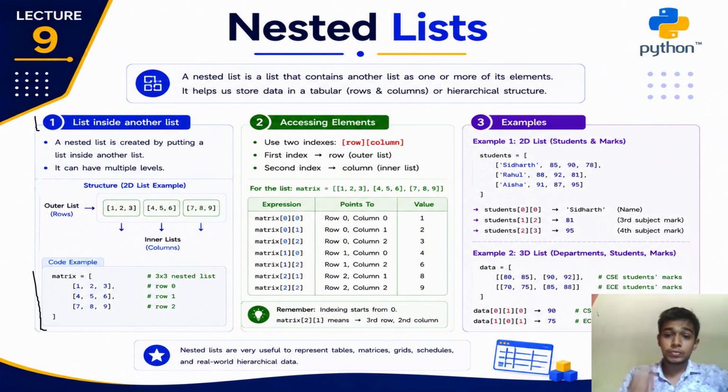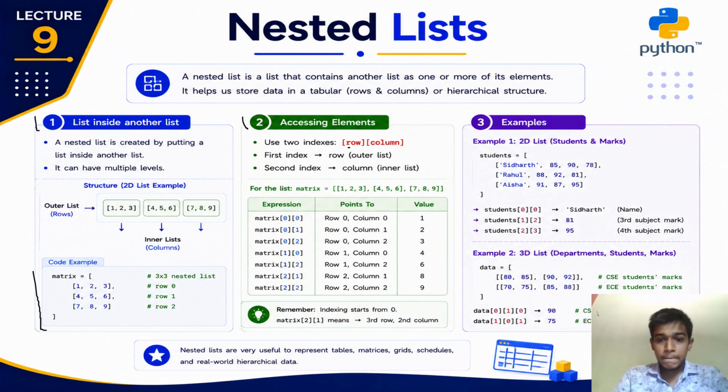Now let's learn how to access values from a nested list. Like a normal list, we use two indexes. The syntax is matrix, row and column. The first index selects the row, the second index selects the column inside the row.